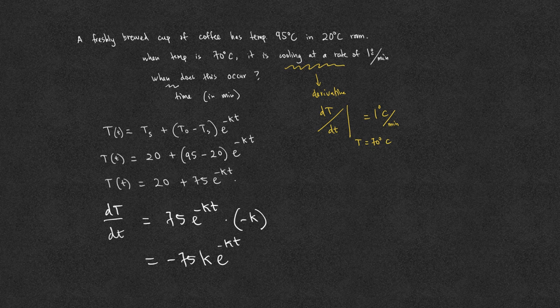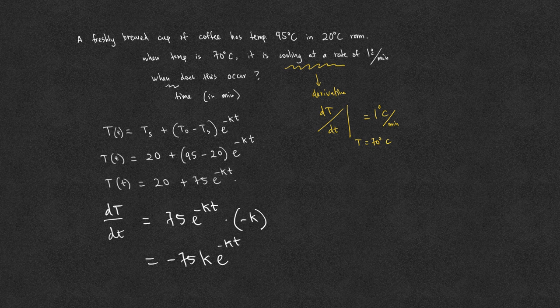And so how is it going to help us? We need to find k so that we can find t, and we need to take the derivative because if we were to plug 70 into the temperature, then we still have k in the equation. So how do we use 70 degrees Celsius?